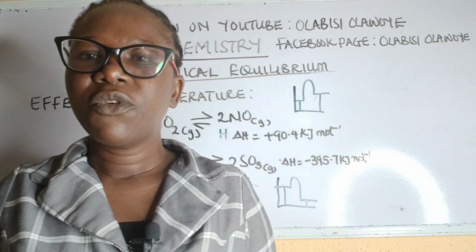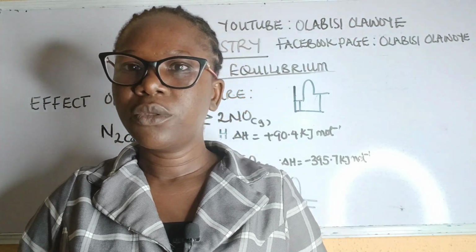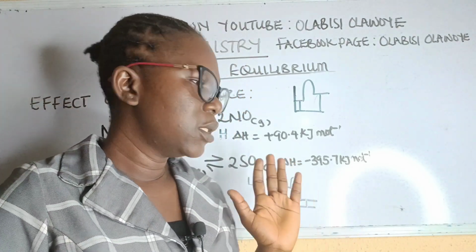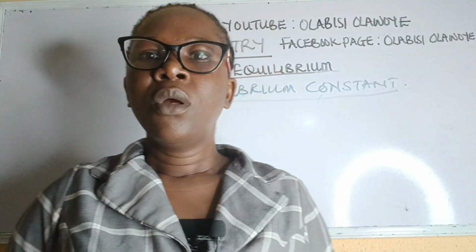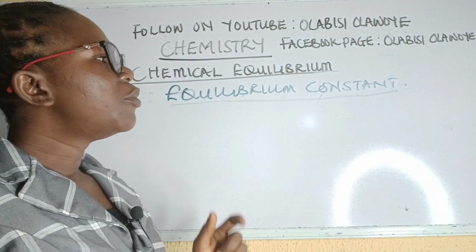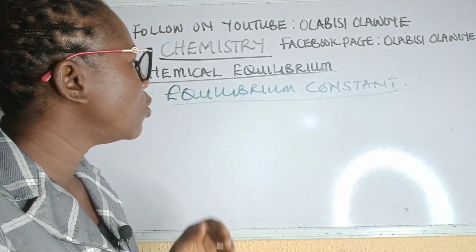Now watch out for past questions. I'll treat one WAEC question and one JAMB question on this particular topic before we move to other factors. Now there's something we call equilibrium constant in chemical equilibrium.